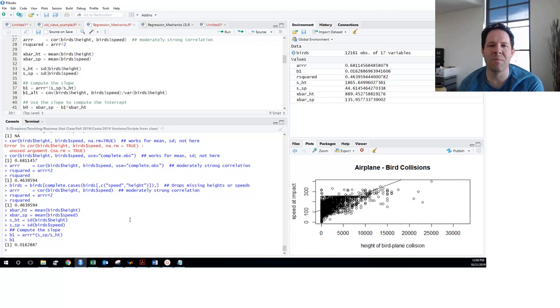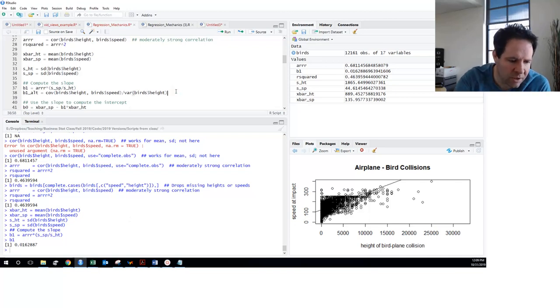As the height increases by 100 feet, I get 0.016 times 100, that'd be 1.6 additional miles per hour. It gives you a sense of how the speed increases on average when we think about changes in the x variable.